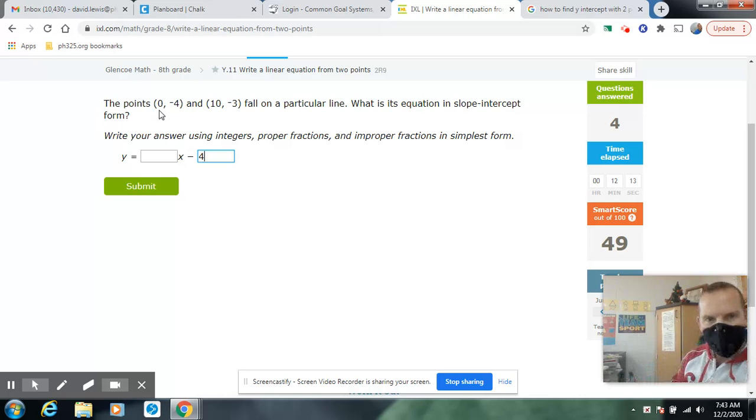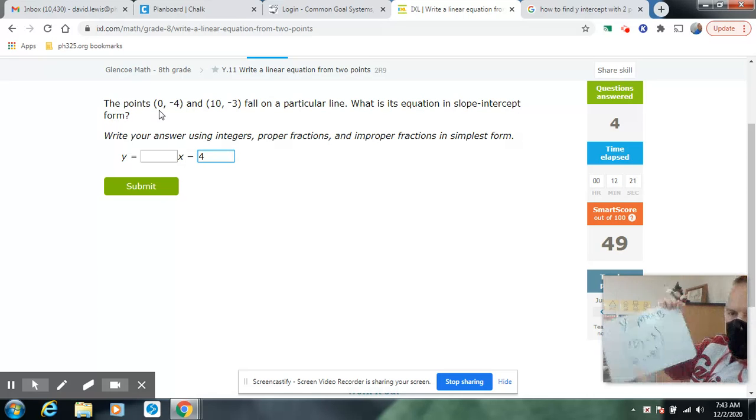So now we need to stack them and subtract them. 10 comma negative 3, 0 comma negative 4. So I have to do negative 3 minus negative 4 over 10 minus 0.